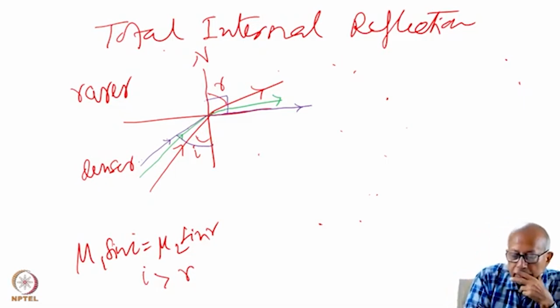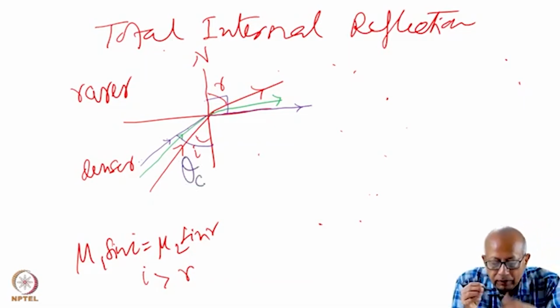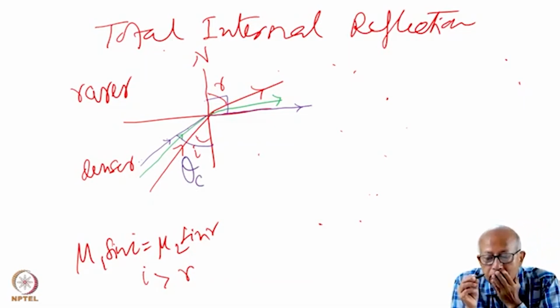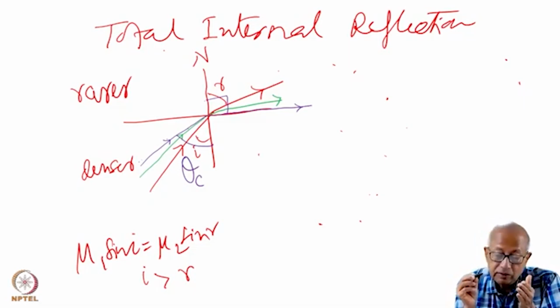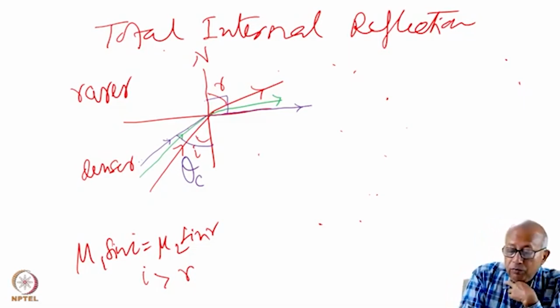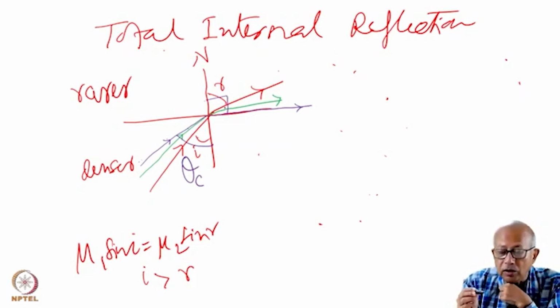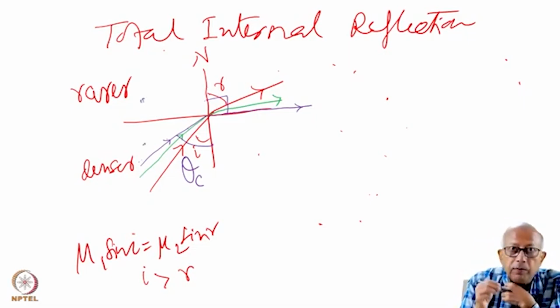This angle of incidence is denoted as the critical angle of incidence, theta c. This critical angle of incidence is that angle of incidence for which the angle of refraction becomes 90 degrees, or in other words, the refracted ray grazes the interface between these two.